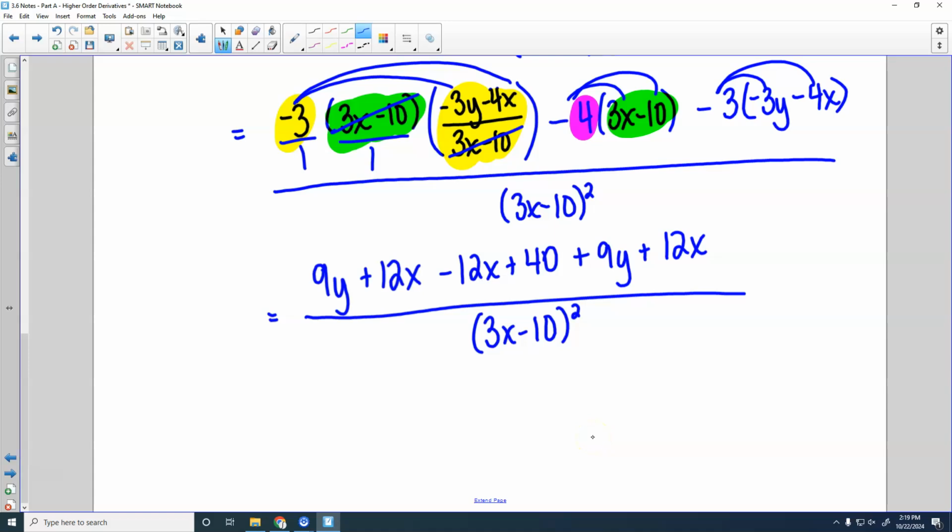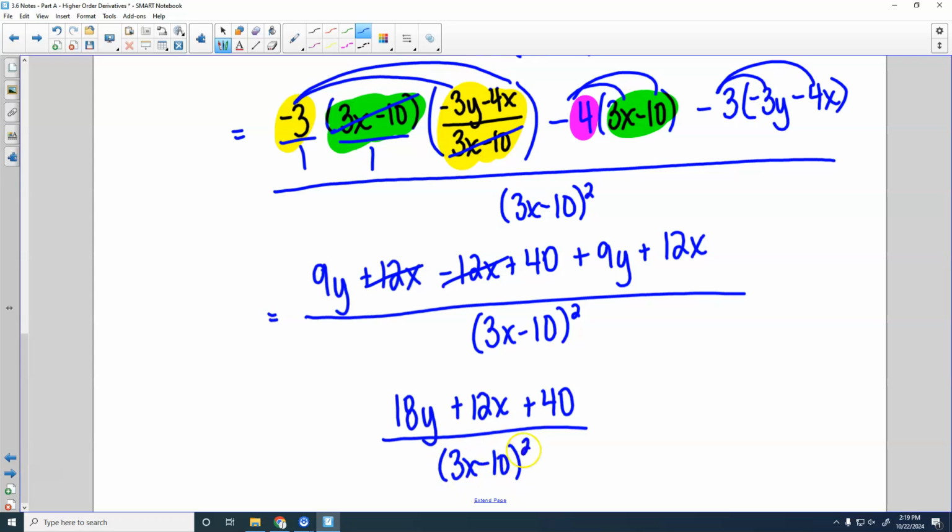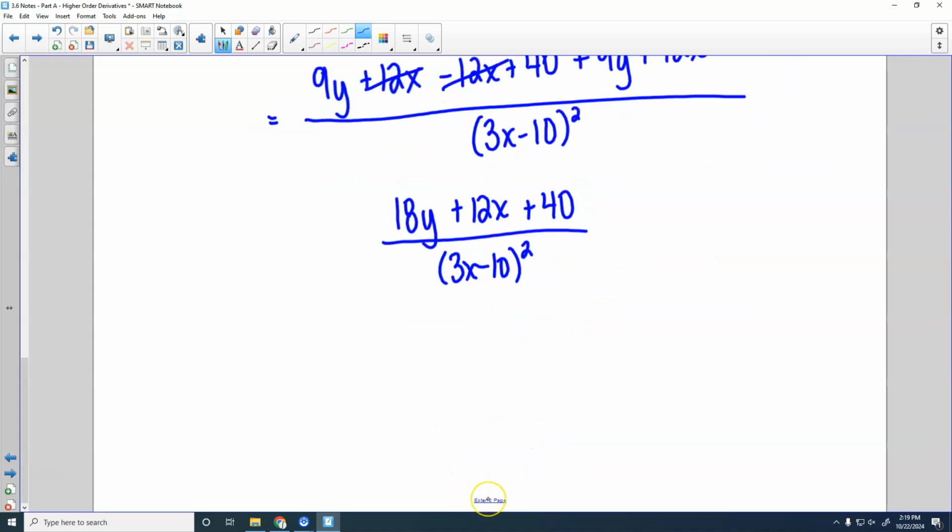Now we just want to simplify anything we can simplify. You could cancel out that positive 12x and the negative 12x. You could put the two 9y's together. You'll get 18y plus 12x plus 40 over 3x minus 10 squared. You could factor a GCF out at the top by dividing those by 2 or something, but it won't cancel with anything in the bottom, so we'll just leave it here.